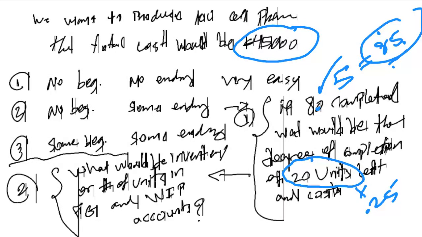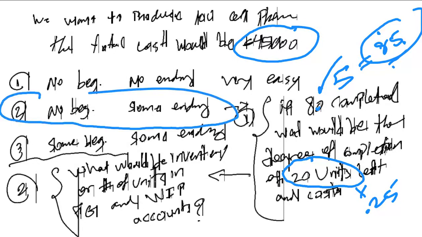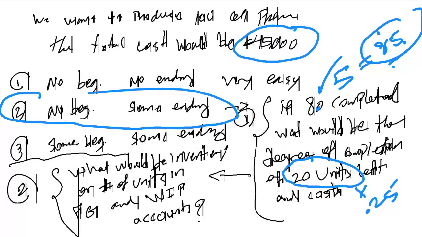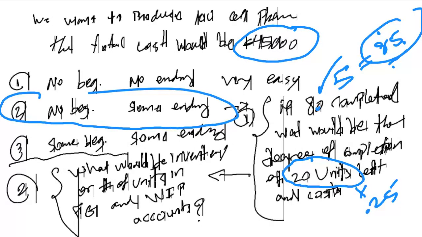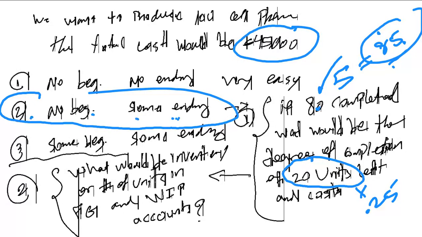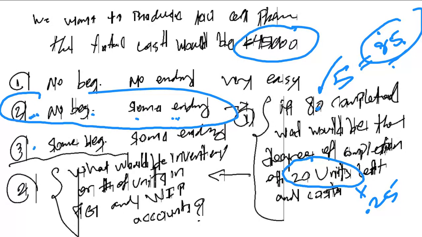Case number 2 is the one that we actually need to work on, and then we have case number 3, in which we have some beginning inventory and some ending inventory. This is different from number 2, because whatever we have left in the ending inventory from case number 2 becomes the beginning inventory for number 3. So that's our case number 3.